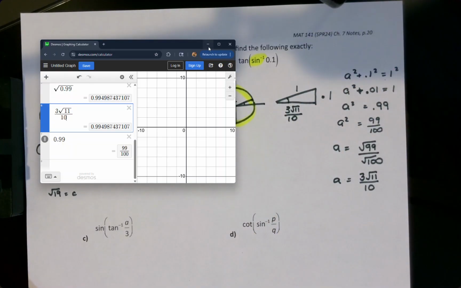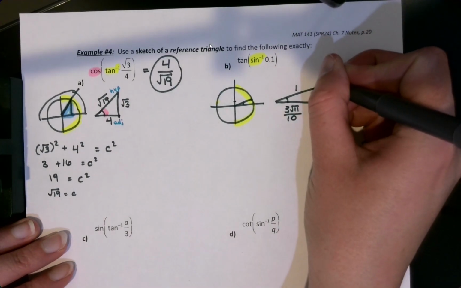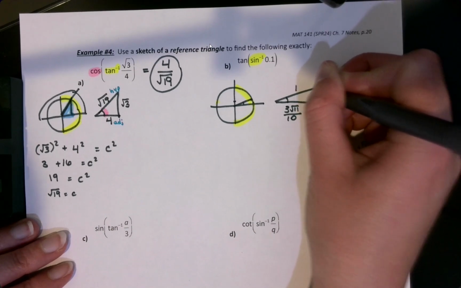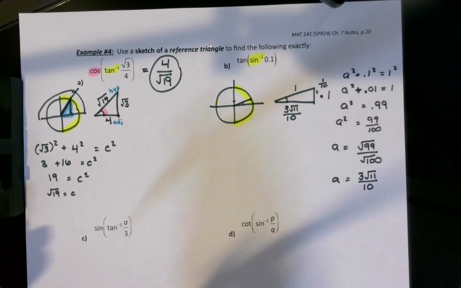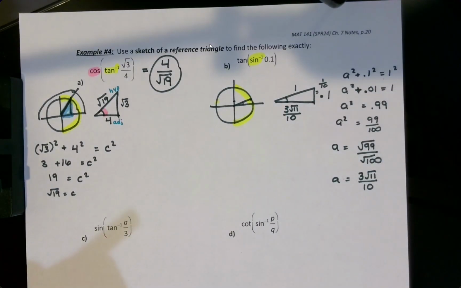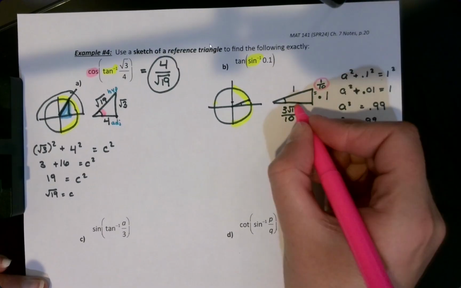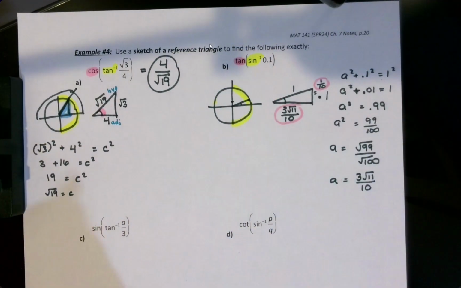And I want the tangent. Let's go ahead and write this 0.1 as 1/10. That's just the fraction equivalent of the decimal 0.1. And when we do the tangent, we know that tangent is going to take the opposite divided by the adjacent to do that tangent.